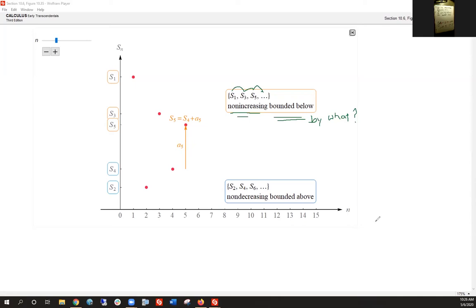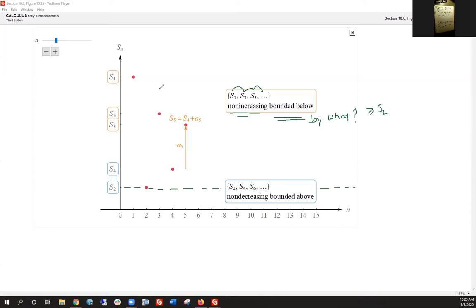It's not bigger than 0, is it? They are definitely all bigger than 0, true. I might even look at it and say, hey, they're all bigger than S2. Does that make sense? So all these terms are bigger than or equal to S2.